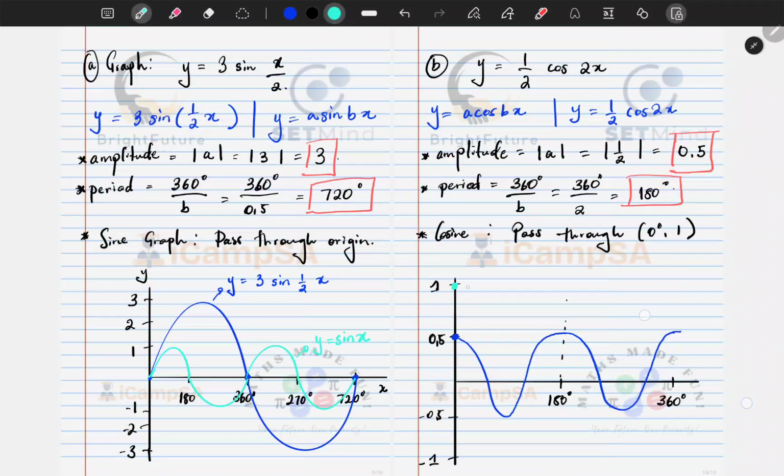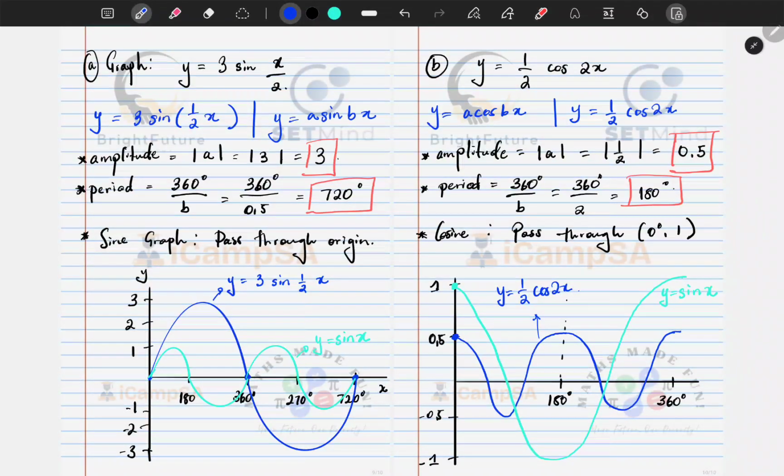Right, so let's just try to draw it neatly. I'm not drawing this to scale for now. So this would be your y equals sine of x, and then this one would be your y equals 1 over 2 cos of 2x.